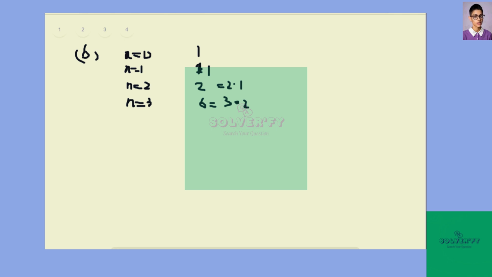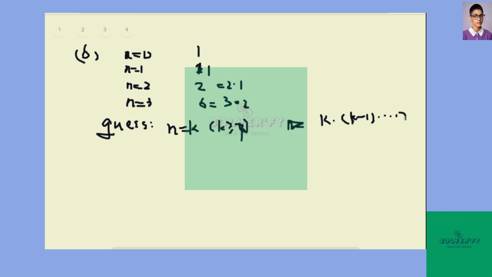So we can guess for general n, for n equal to some k, where k is greater than 1, the result should be k times (k minus 1) times ... times 2 times 1. So this is equal to k factorial.